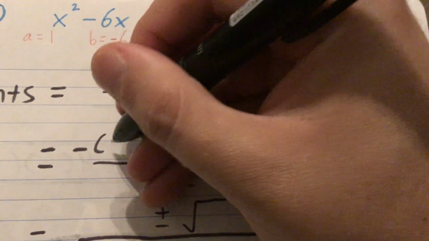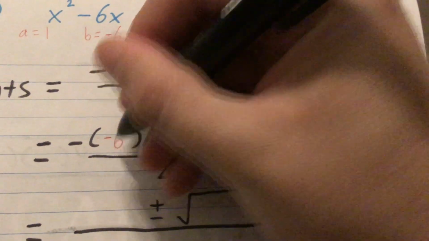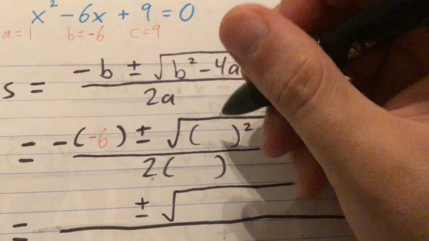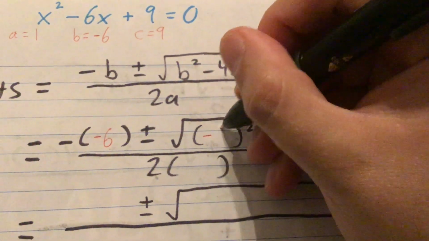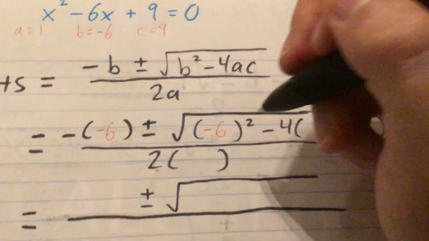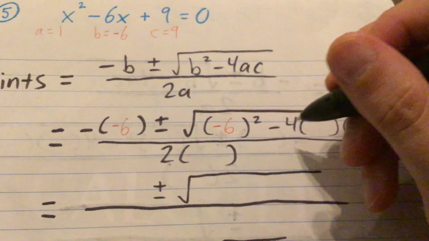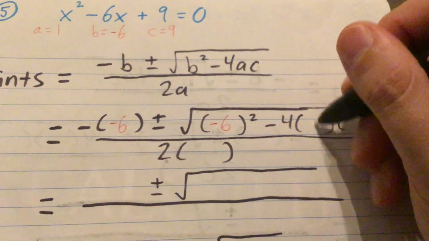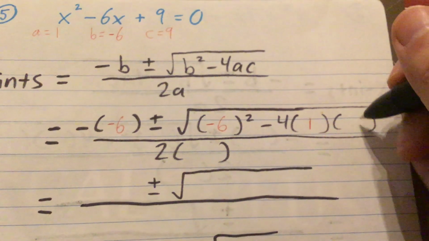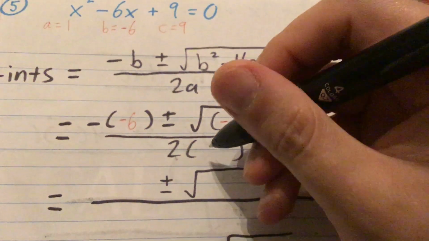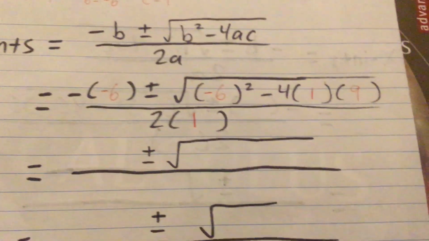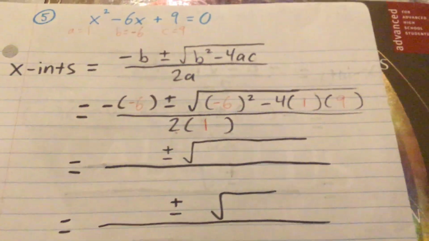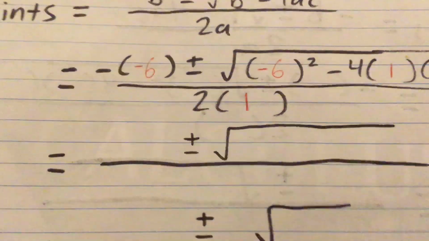So specifically, negative b. Okay, well, b is negative 6, so I'm going to plug that in, plus or minus the square root of b squared, which is negative 6 quantity squared, minus 4 times a, which is 1, times c, which is 9. All that over 2 times a, which is 1. Okay, so now that we've got this out of the way, let's clean up.